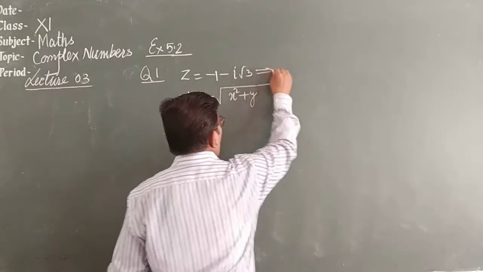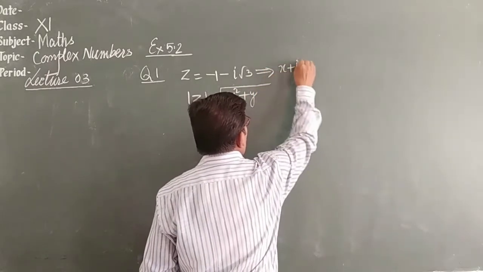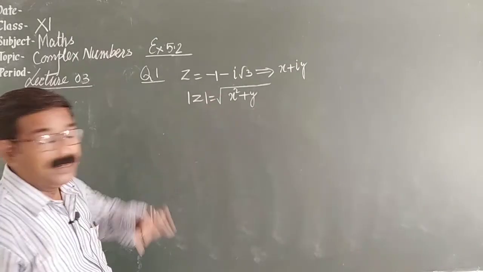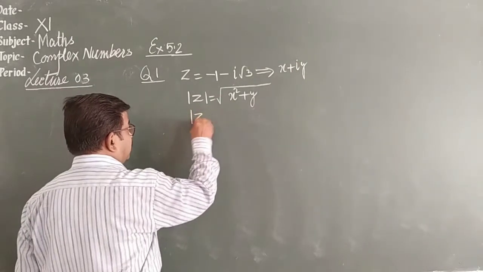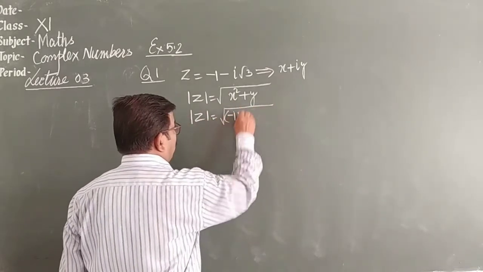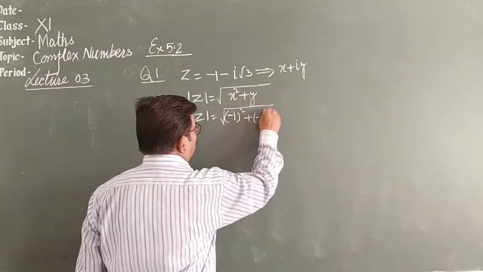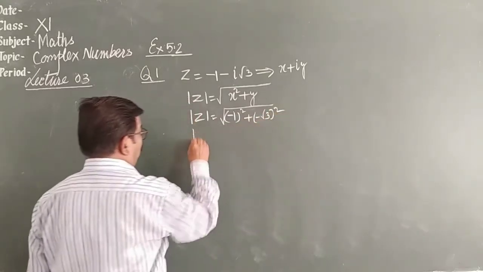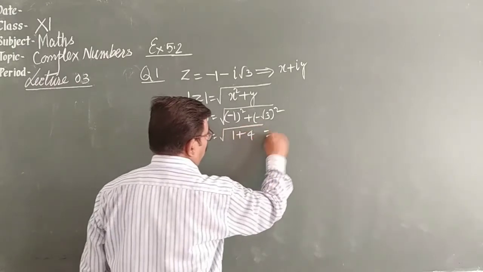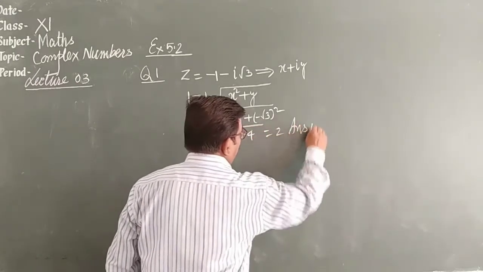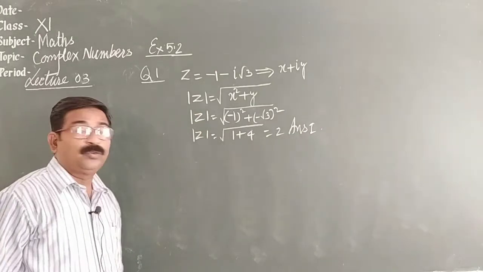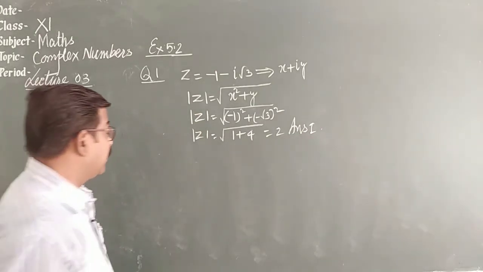It is of the form x plus iy, so x is the real part and y is the imaginary part. So the modulus of z is equal to under root of minus 1 square plus minus root 3 square. So mod of z is equal to under root 1 plus 3, which is equal to 2. This is the first answer. We have got the modulus and now we are going to find the argument, that is theta.